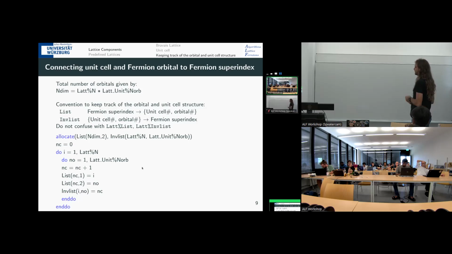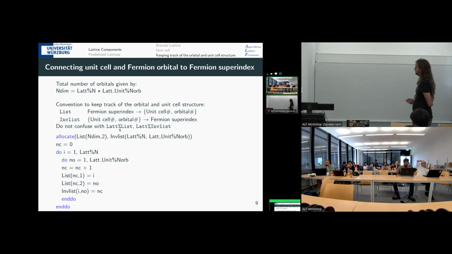So do not confuse with lat percent list. This percent is Fortran style. I'm not aware of any other languages that use it like that. So basically this would be a dot in C or C++, if you want to access members of the lattice type, you might do it with this percent.